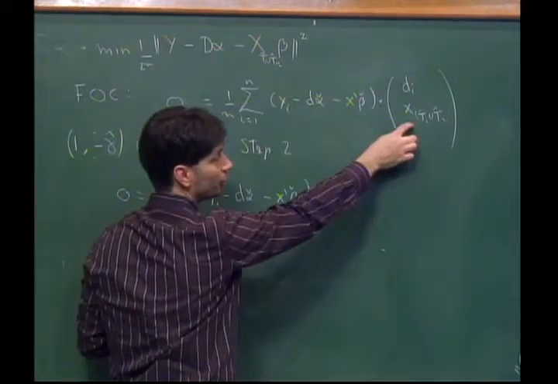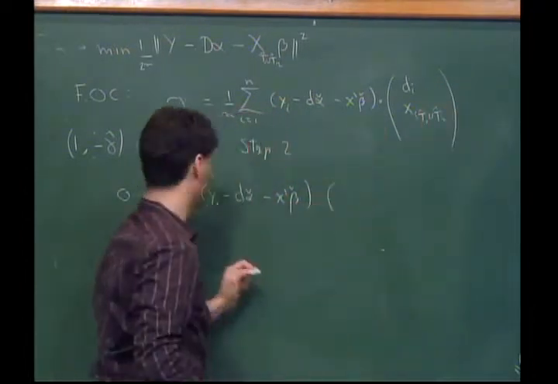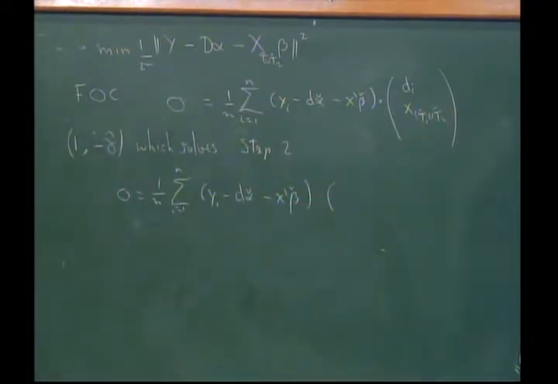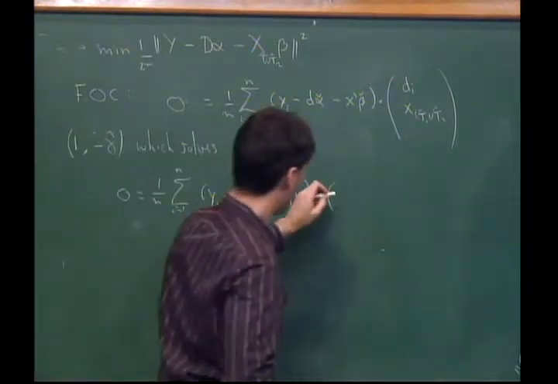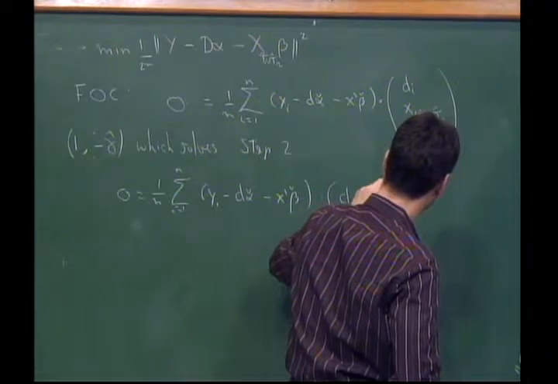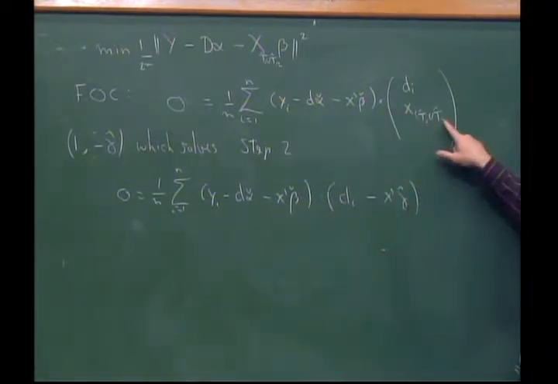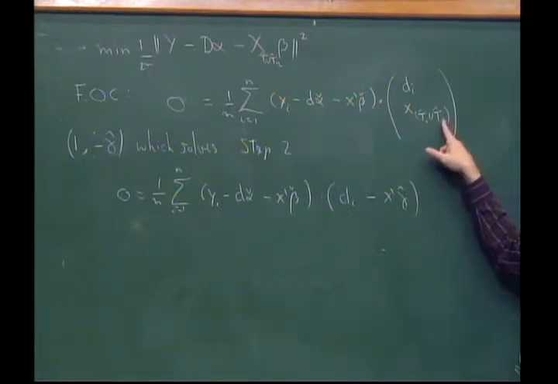Essentially I'm going to take the inner product with 1 and minus the solution there. So what I get is d i minus x gamma hat. And note that gamma hat is on T2 hat, which is the variables I selected in the second stage.